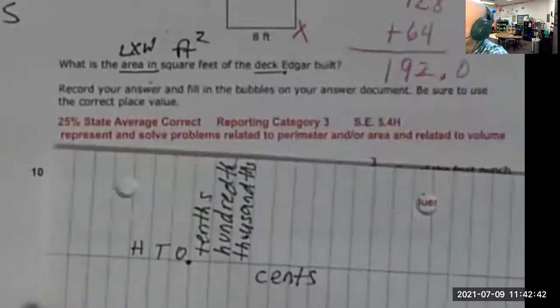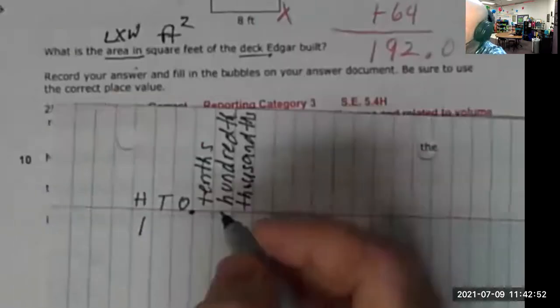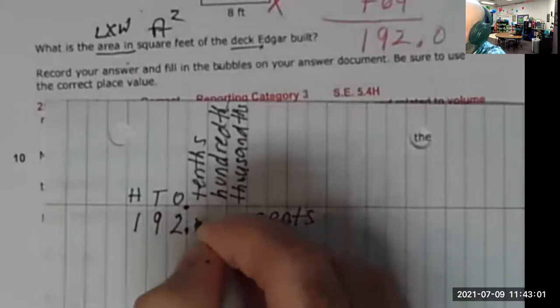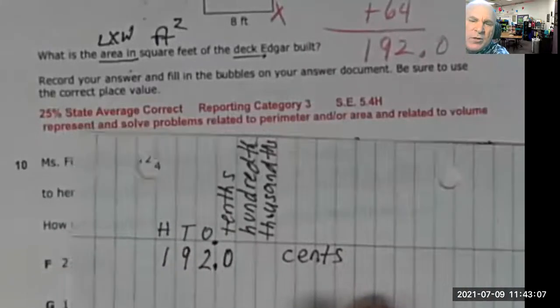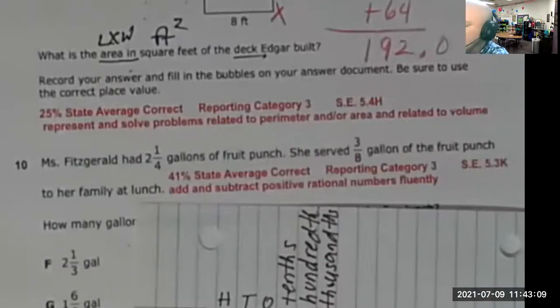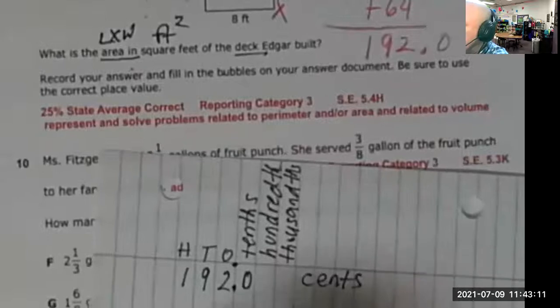So how do we use the information that we got? 192 and 0 tenths would be 1 in the hundreds, 9 in the tenths, 2 in the ones, and you could leave it like that, or you could say and nothing else, and 0 tenths, because we were talking about whole numbers. We don't need any portions.